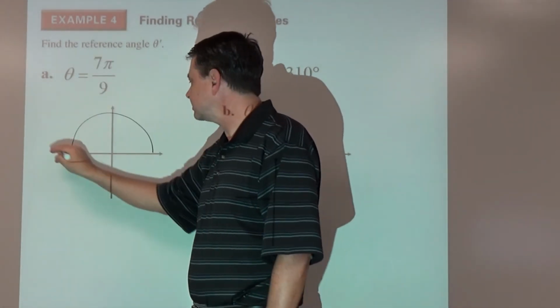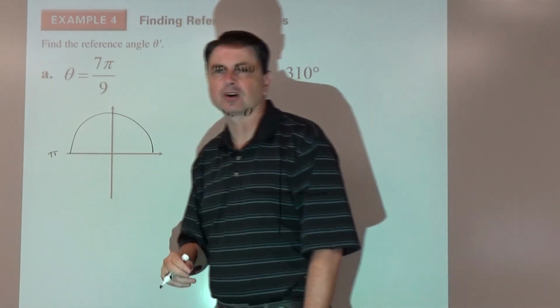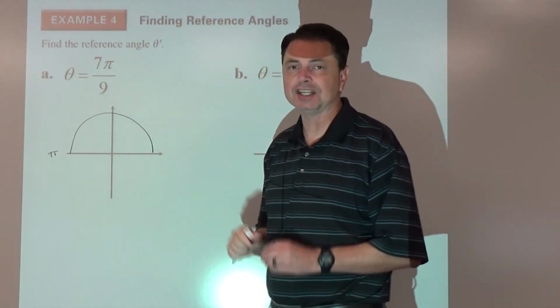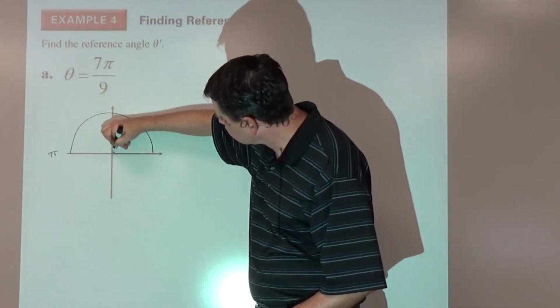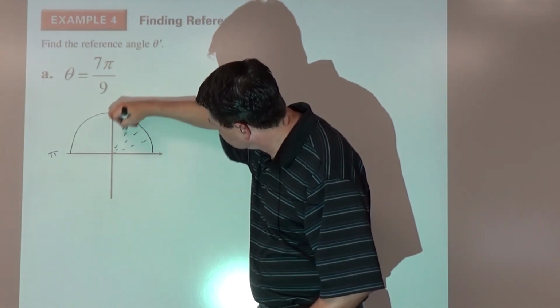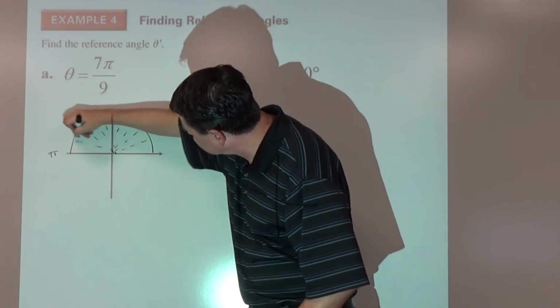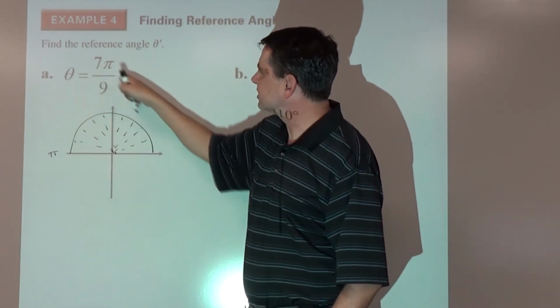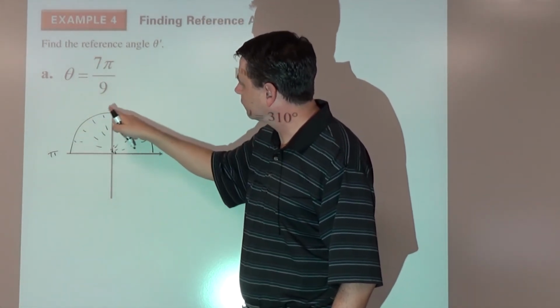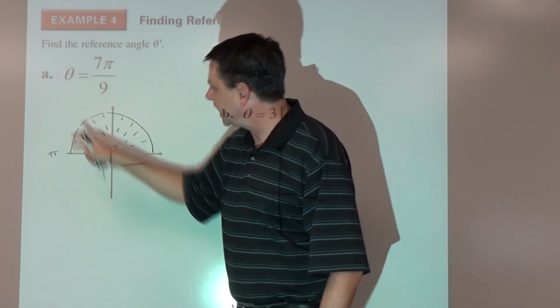We're in radians, so this is definitely pi straight across. Let's divide it into 9 equal pieces: 1, 2, 3, 4, 5, 6, 7, 8, 9. And we're going to go to 7 of those: 1, 2, 3, 4, 5, 6, 7. That's where we're at.